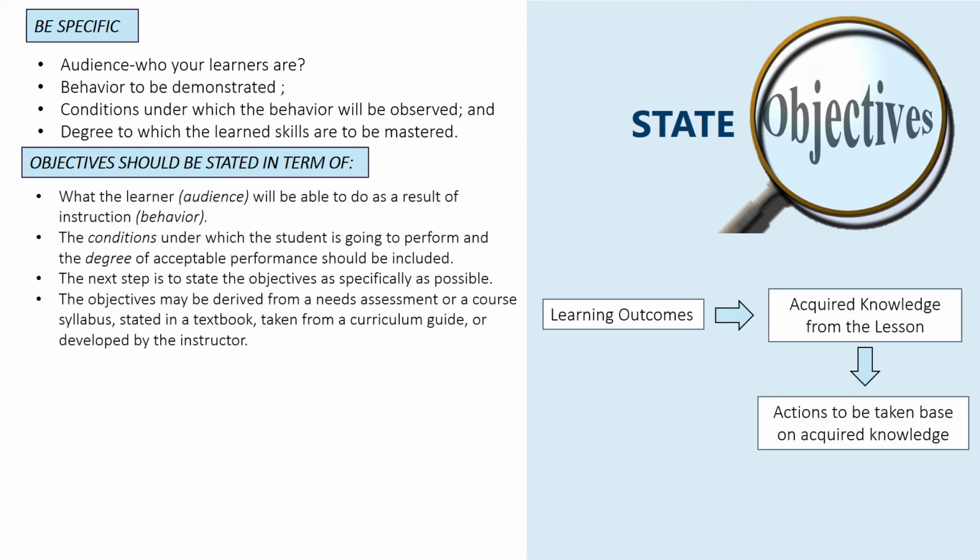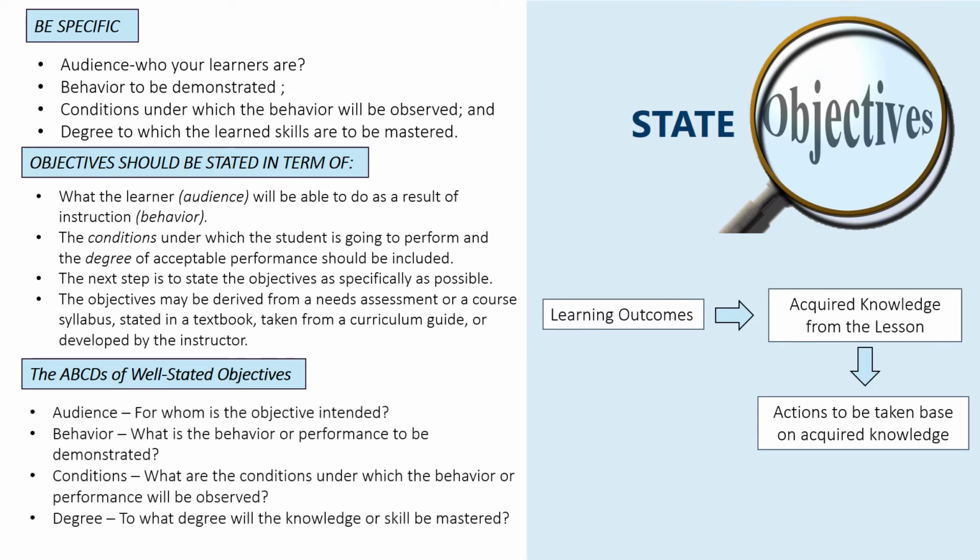They are as follows: audience, for whom the objectives are intended; behavior, what is the behavior or performance to be demonstrated; conditions, what are the conditions under which the behavior or performance will be observed; degree, to what degree will knowledge or skill be mastered.